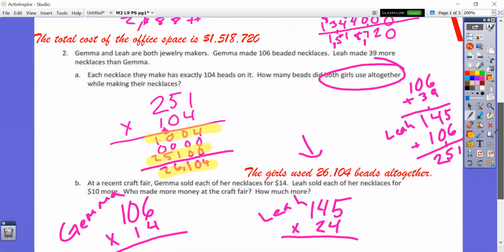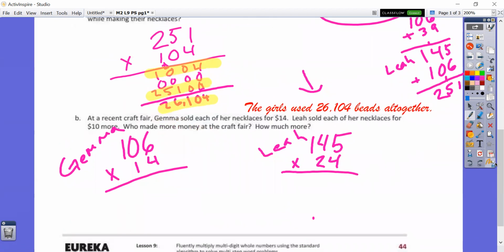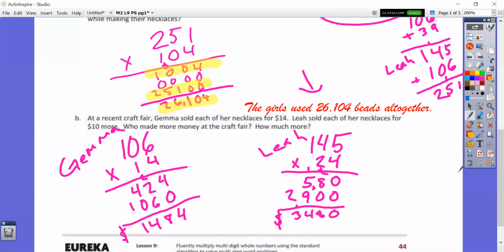So we are going to assume that Leah is the one that made more money, but the question is also asking how much more. So we need to solve for Gemma, solve for Leah, and then subtract and find the difference. So I'm going to pause here. You're going to pause. You're going to finish this math, and you're going to come back and we're going to check it together. All right, I'm back.